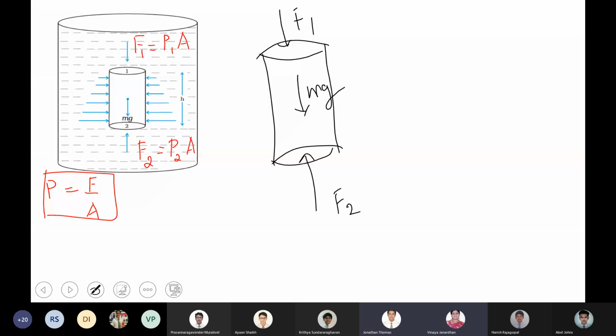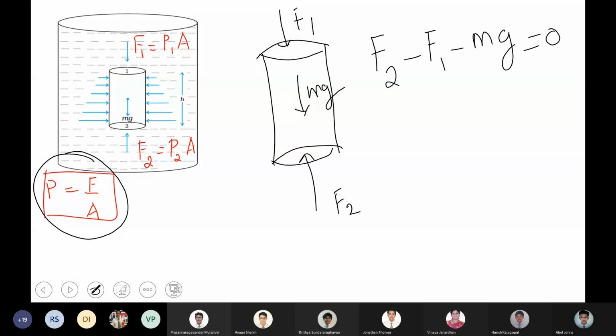Sorry, boys, sorry. I'll take all the downward forces as negative and upward force as positive. Upward force is F2. Downward force, because they are acting in the opposite direction, I have put negative. What is the general formula for pressure?